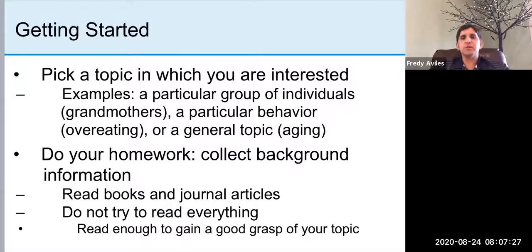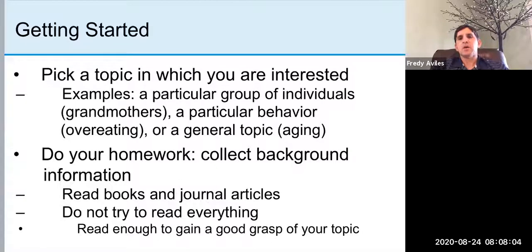So one thing you can do to find an idea is to pick a topic in which you're interested, right? There's a reason you took a psychology class in the first place. So there must be something you're interested in. Maybe it's marijuana, maybe it's aggression, maybe it's alcoholism, maybe it's dementia or autism or something. Pick a topic in which you're interested. Some examples here, it could be a group of individuals. Maybe you're interested in grandmothers, older women, basically, or maybe just older people in general.